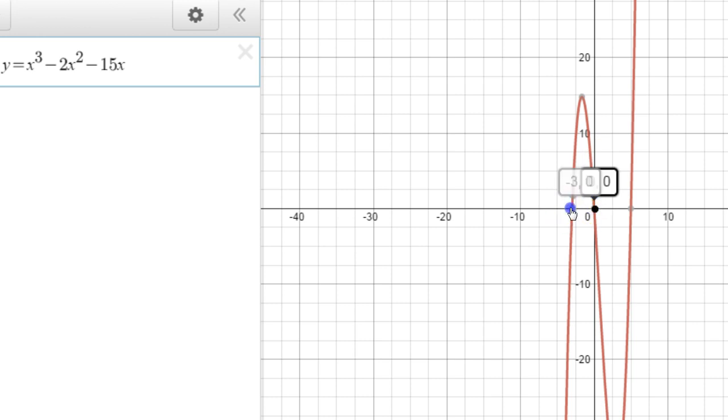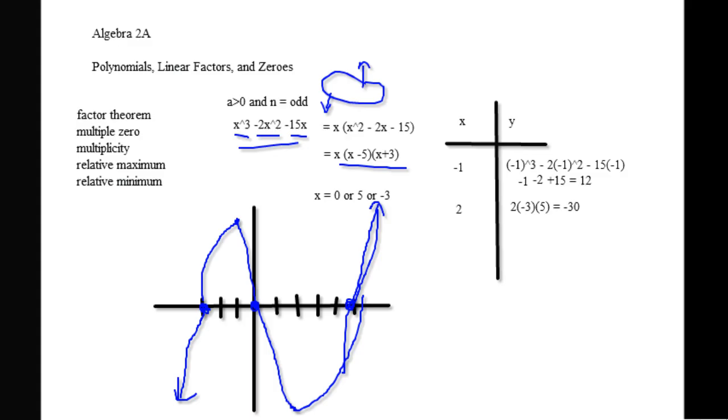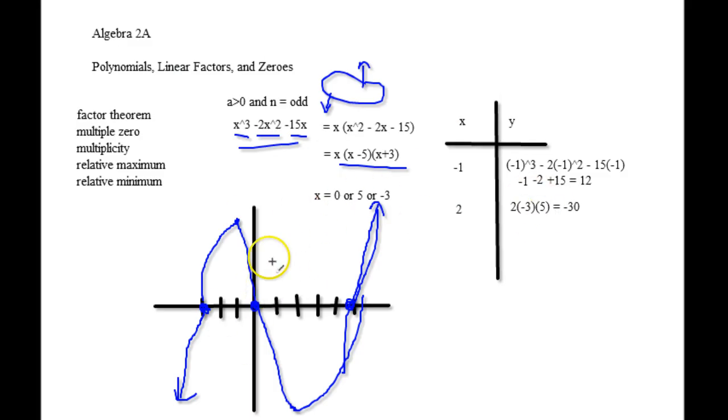There are my zeros, and it goes down to (-3, -36). So I got a pretty rough sketch of what it's actually doing. The cool thing is that I was able to do all that by hand and get a very rough sketch of what this graph is doing.